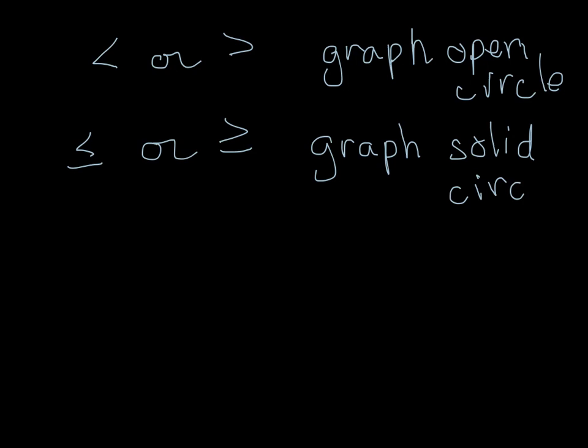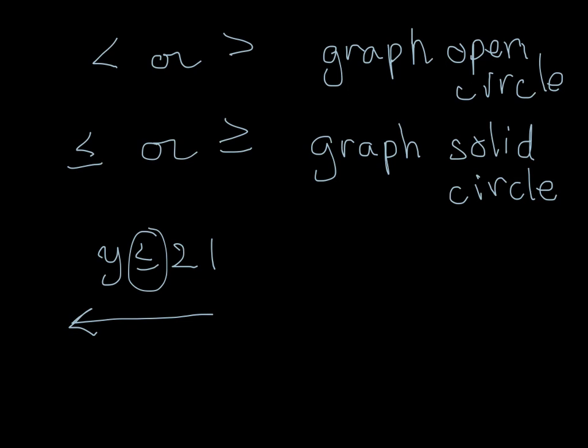Okay, and the way you shade depends upon what is going on in that particular problem. If we think about the examples before, if we have something like y is less than or equal to 21, my arrow that I drew on the graph went in the same direction as the inequality symbol.